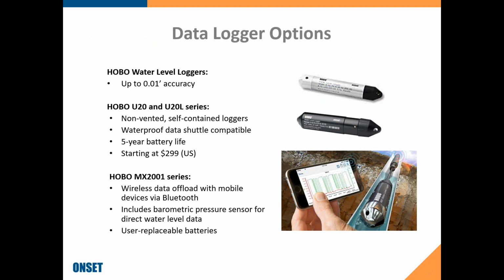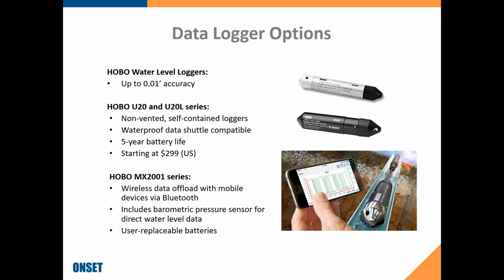One of the nice things about these loggers is they have a cable that connects the sensor in the water to the transmitter unit at the top, and that transmitter unit does the Bluetooth communications, and it also has a barometric pressure sensor built into it, so that you can directly read out the water level data. It also has user replaceable batteries up there, so you can replace those as need be.